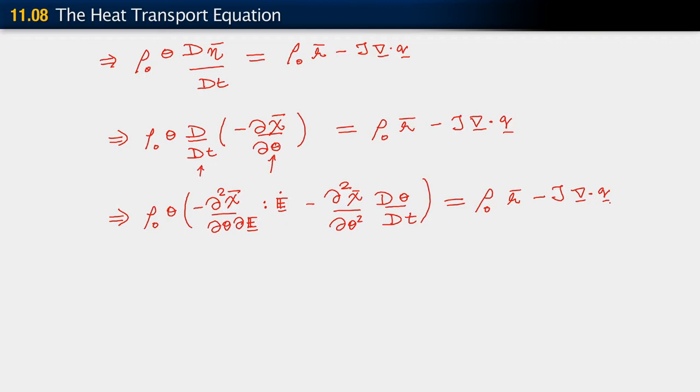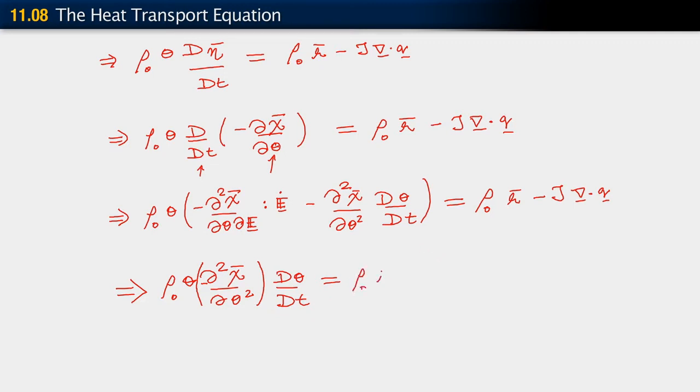I'm going to reorganize this once more. On the left hand side, I'm going to leave rho naught theta, and I'm going to put the minus sign inside, and just because I'm allowed to, I'm going to put parentheses there, times d theta dt. I'm moving this mixed derivative term to the right hand side.